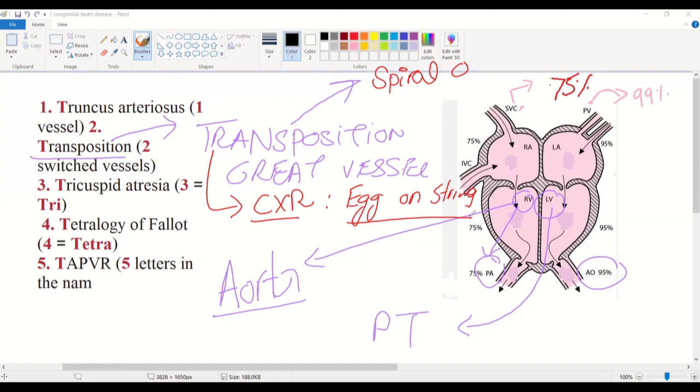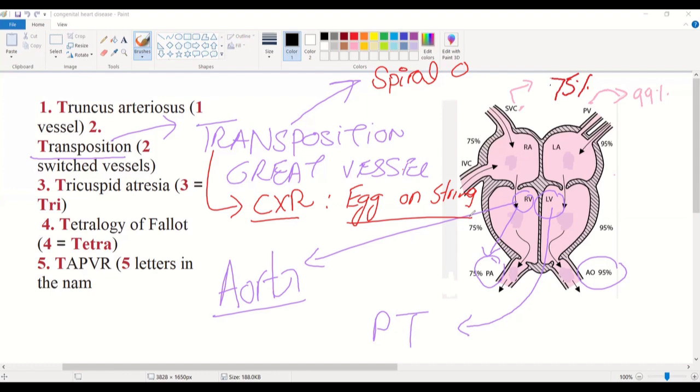If left untreated, the infant may die in the first few months, so immediate surgical intervention is needed.